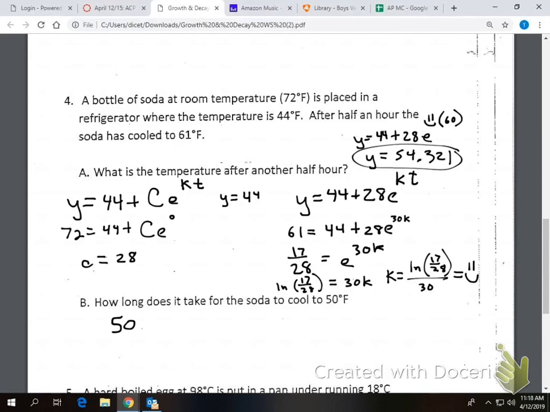When does 50 equal 44 plus our 28 that we found? That's a C of 0. So it's like the initial constant factor, something, of e raised to the smiley face again, and I'm solving for T. Let's see if you can do that one.